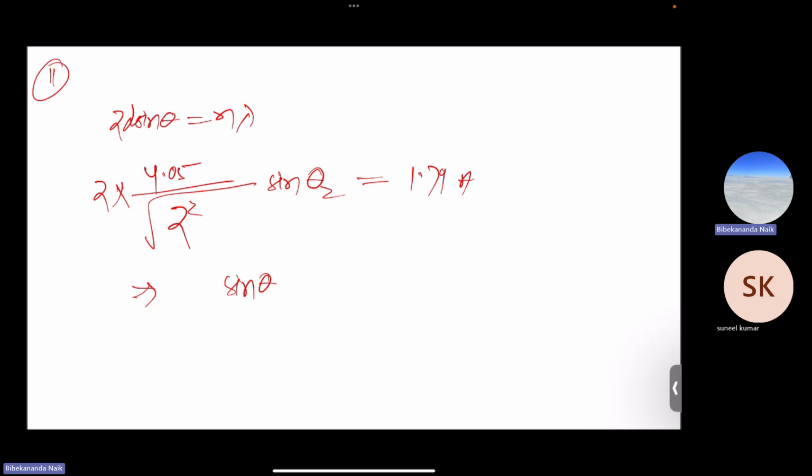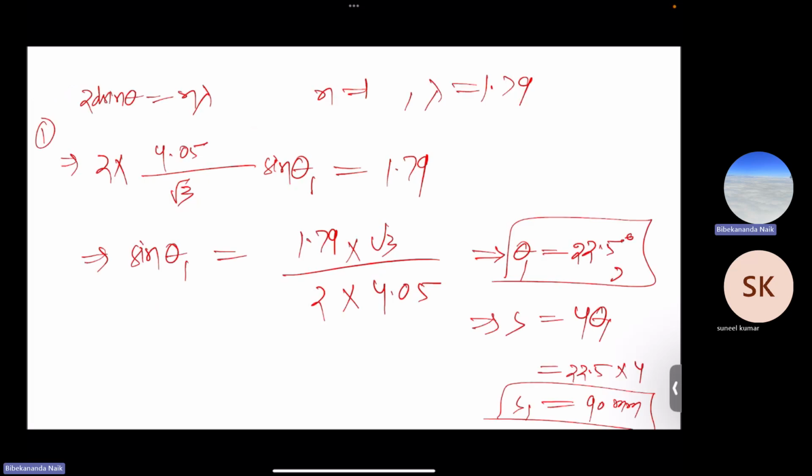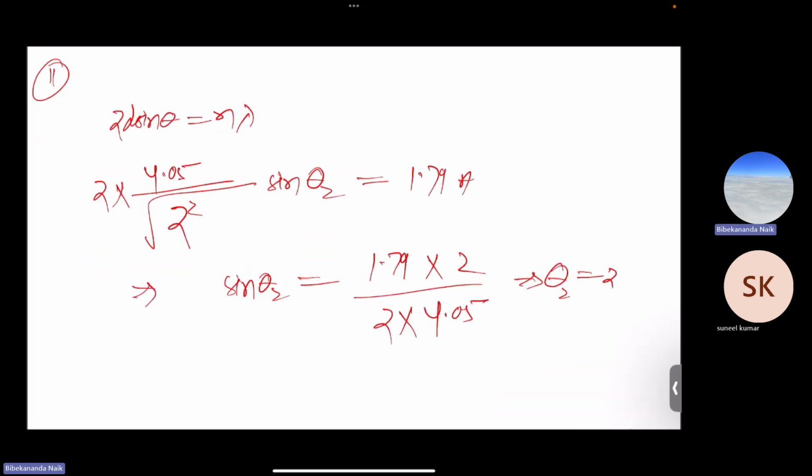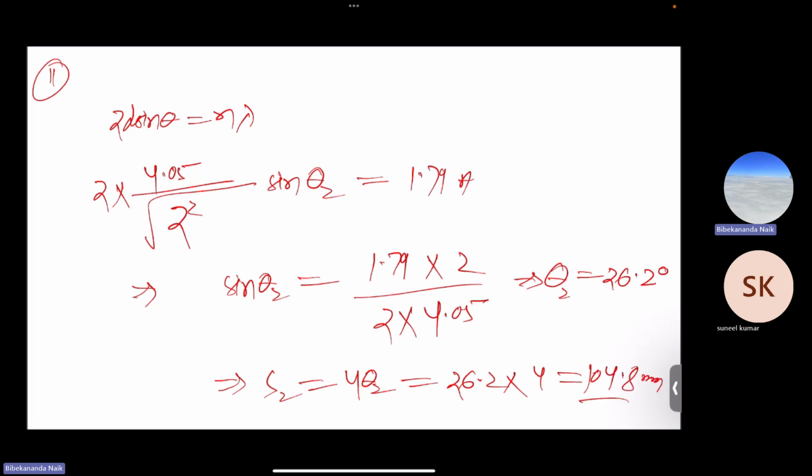So sine theta 2 will be 1.79 into root 2 divided by 2 into 4.05, which will give you theta 2 equals 26.2 degrees. So S2 will be 4 theta 2, 26.2 into 4, which will be 104.8 mm. So this is 104.8 mm.